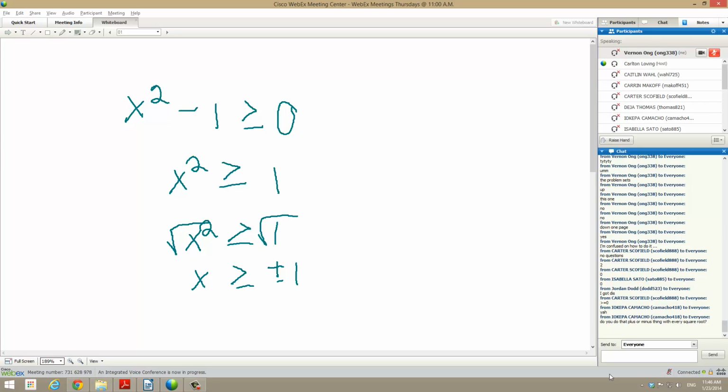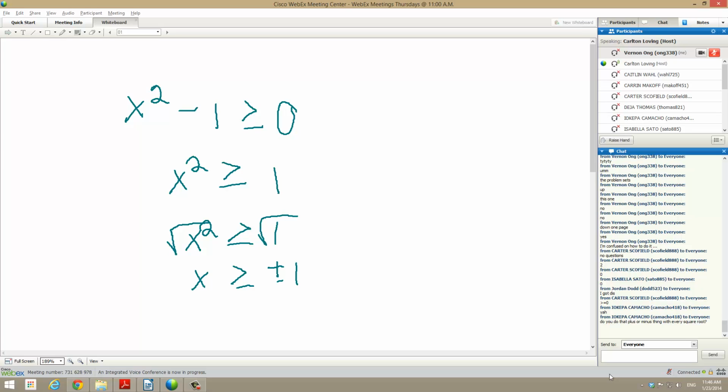In many circumstances, the context of what we're doing means we throw out the negative value. So we don't really care that the square root of 64 is plus or minus 8, because most times when we're looking for a square root, we're just considering the positive number.